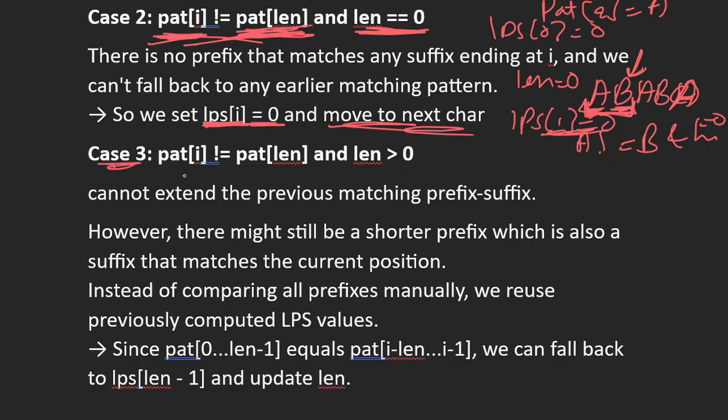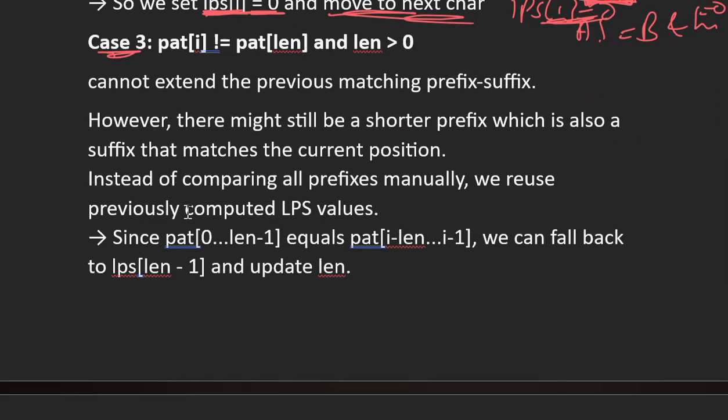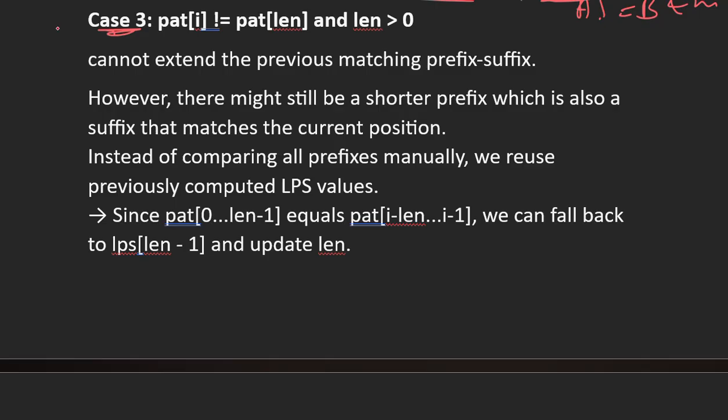Then there is a third case, which is the important case. In case number 3, we have pattern of I not equal to pattern of length, and length is greater than 0. That means we have some previously matched prefix equal to suffix. Since pattern of I is not equal to pattern of length, we cannot extend the previously matched prefix further, right?